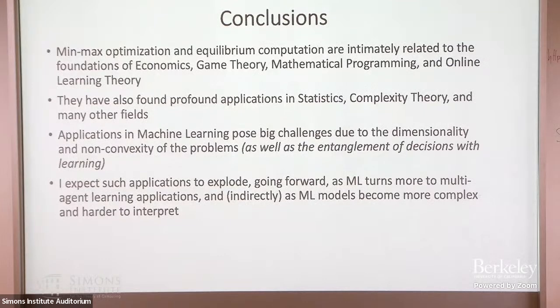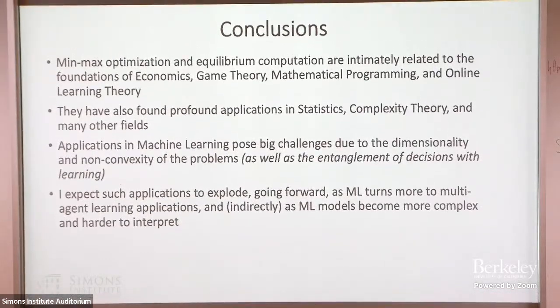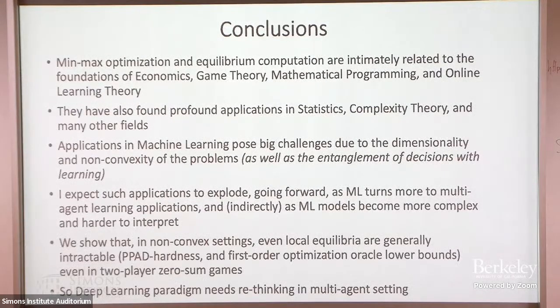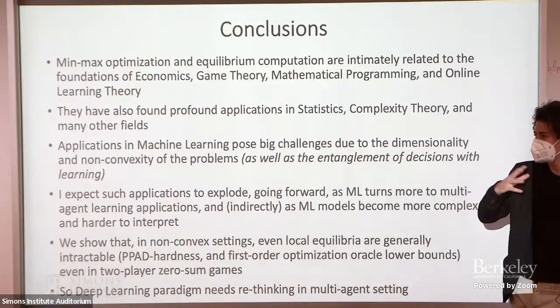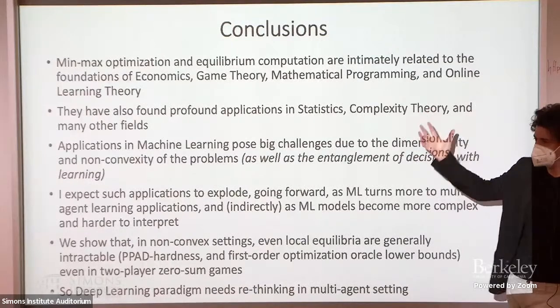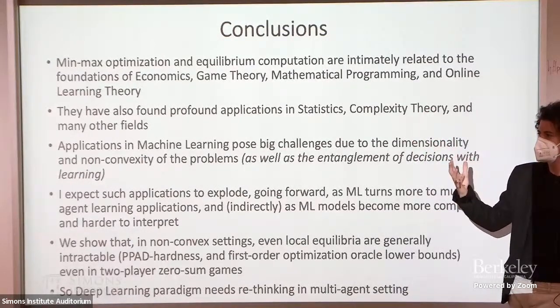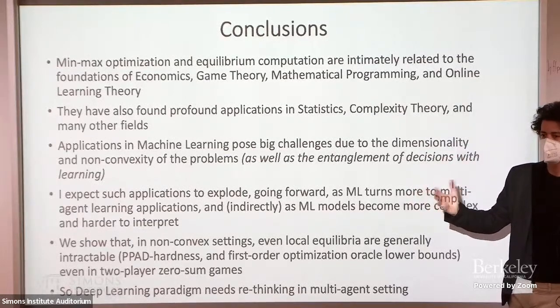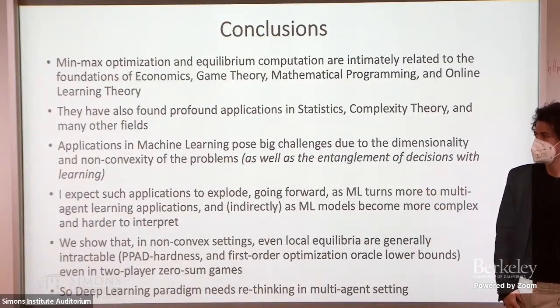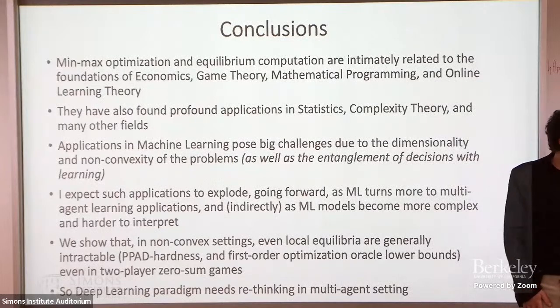Those recent applications pose big challenges because of the high dimensionality and the non-concavity of the utility functions of the agents. In my tutorial, what I tried to do is chart the landscape of what is possible and what is challenging, when you consider the types of models and questions that arise in this space.